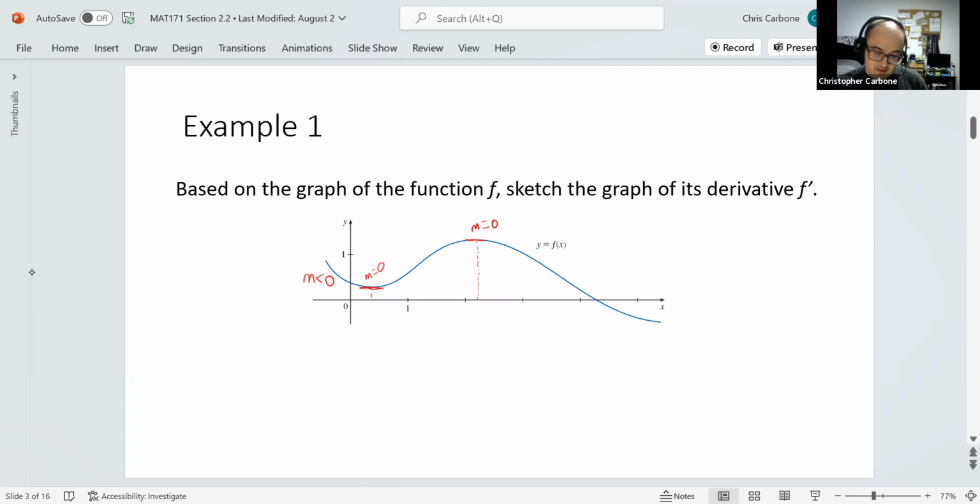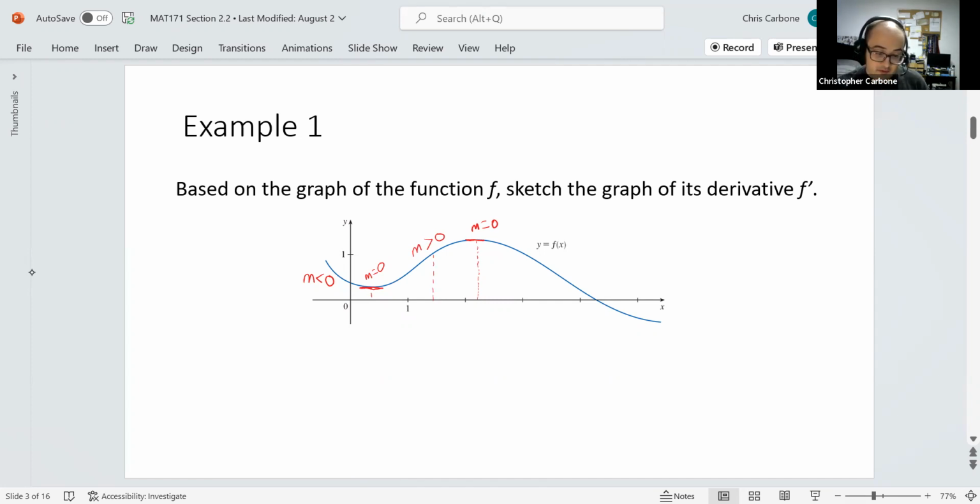From between this 0 and this 0, the slope here is positive, with the greatest slope being about here, since it's where it's the steepest.